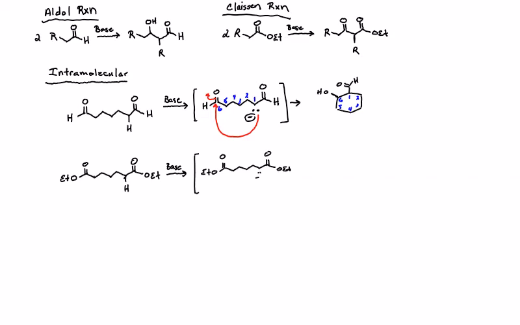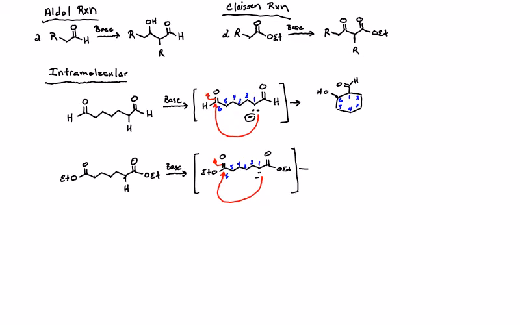And like we saw before, we are going to have the attack take place on the carbonyl, okay, which is going to break open that pi bond. And like before, let's still number these carbons. Okay, we know that we're going to be forming a 6-membered ring.